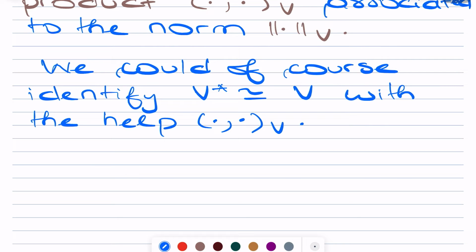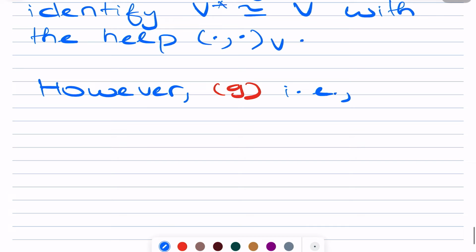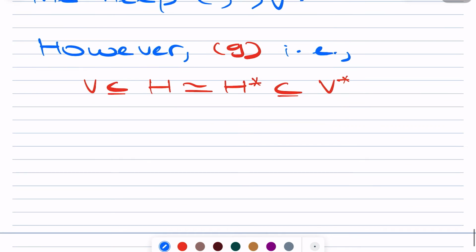However, our relation 9 was that V embeds continuously into H, which we identify with H star, which embeds continuously into V star.